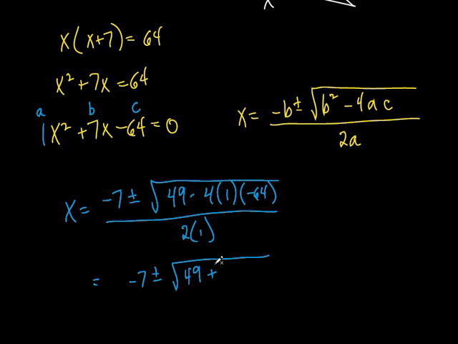That would be plus, I should be able to do that in my head. What's 64? Let's turn my calculator on. 64 times 4. That's 256 over 2. Negative 7 plus or minus square root. So 256 plus 49. That's 305.